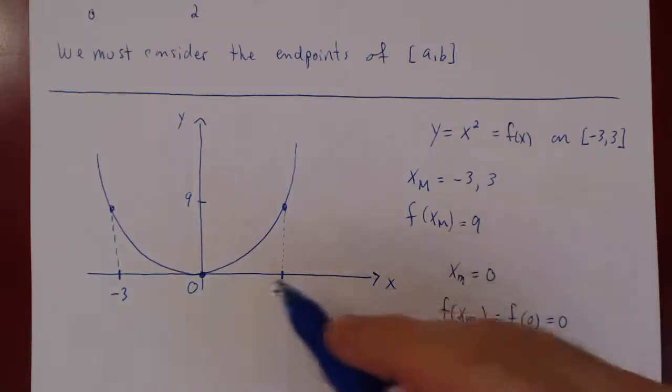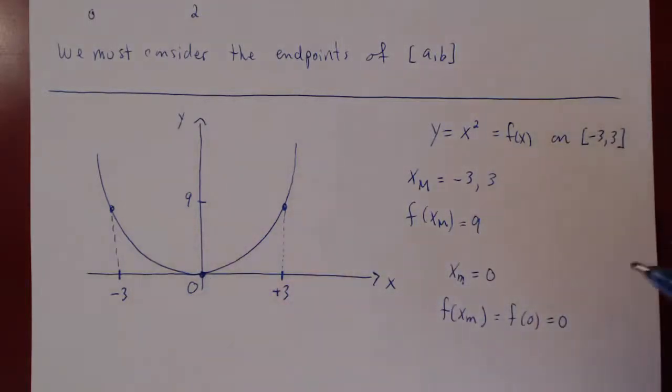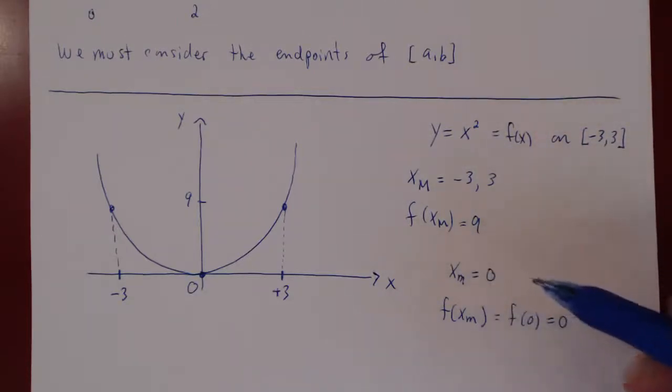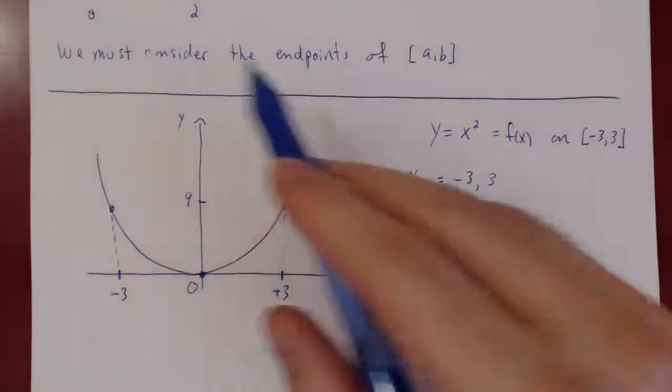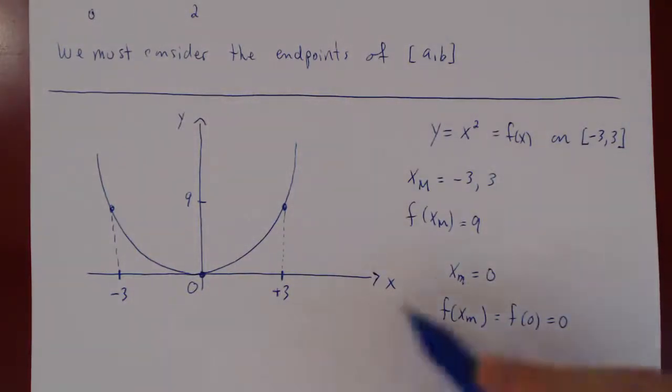So x equals 0 is our absolute minimum, but it is not an endpoint of our interval. It is not negative 3 or positive 3. So it is possible for a function to attain a maximum or minimum value at a point other than one of the two endpoints.